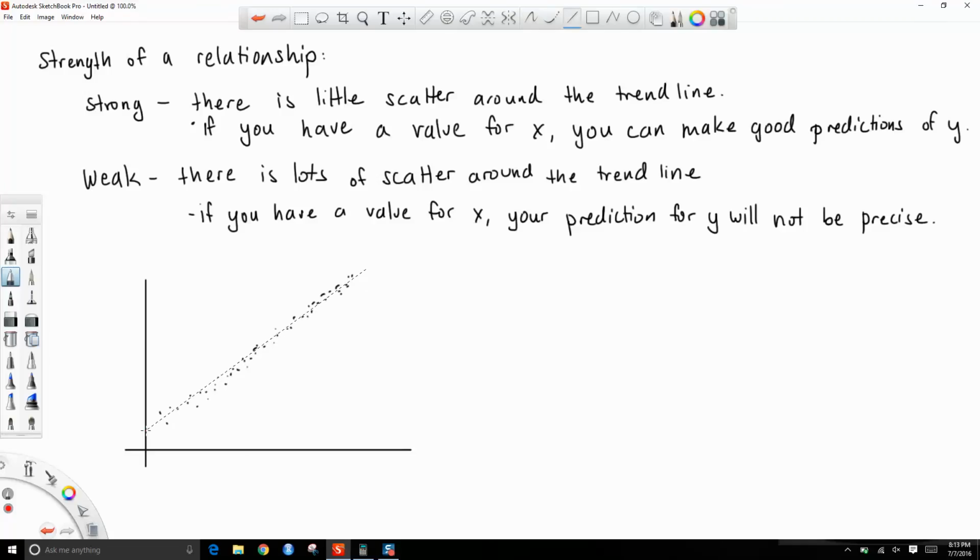Because if I have some kind of trend line, there's very little scatter around the trend line. Okay.